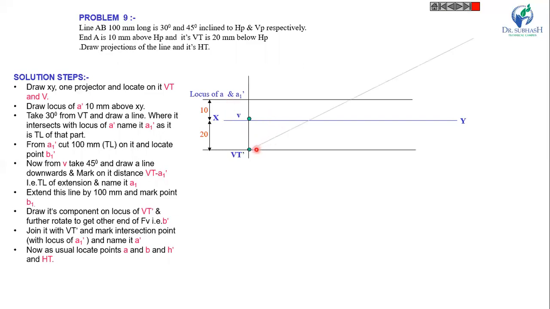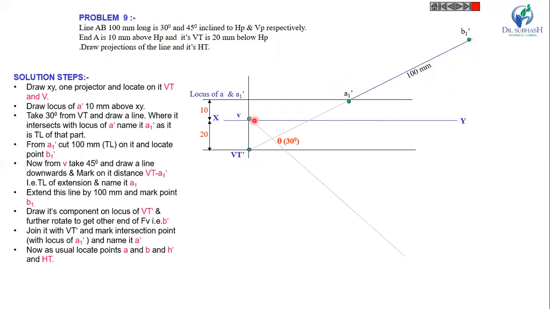Now from VT, as the given angle is 30°, theta is equal to 30°, draw a line. It will intersect at this point A1 dash. So from A1 dash, 100 mm long, which is the true length, draw another point B1 dash.